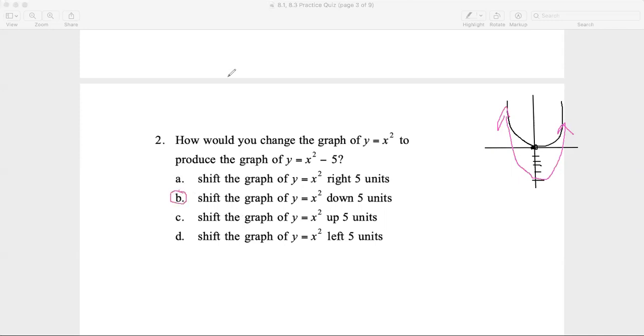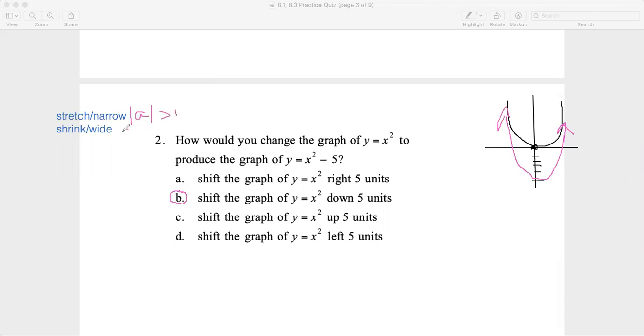Boom. Okay. So by the way, stretch is also another word for narrow, and shrink is also another word for wide, okay? A stretch is going to be when the absolute value of a is greater than 1.